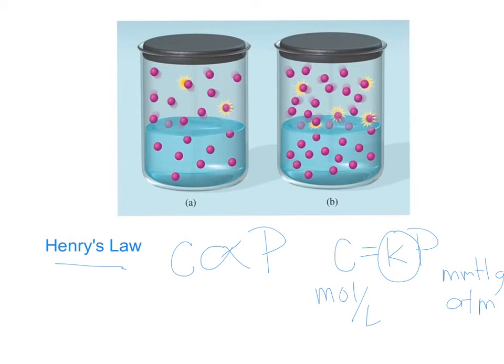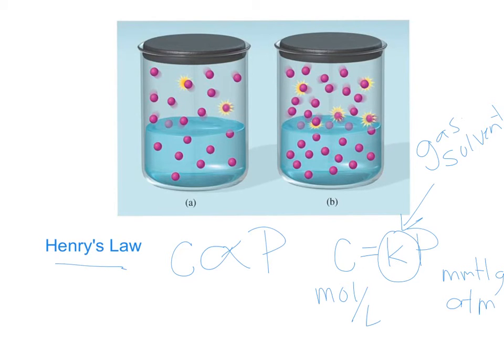The Henry's law constant k depends on the gas and solvent identities. So CO2 in water has its own proportionality constant, and if you had H2 in water, that would also work. It just depends on the specific gas in a specific solvent, and those each have their own proportionality constant.